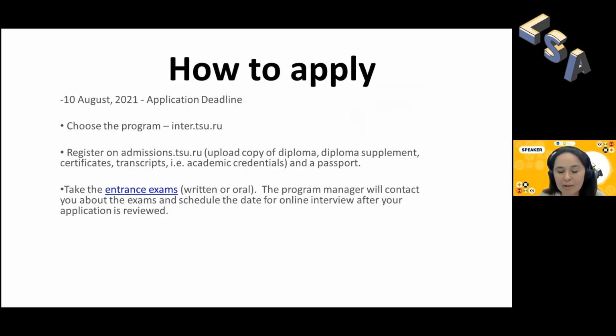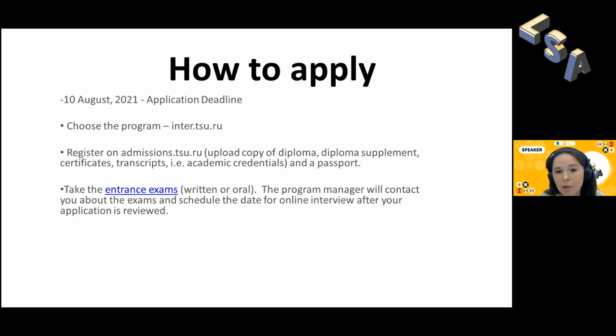Here you can see the information about how you can apply. The application deadline for all the programs, I mean bachelor, master, and PhD programs, is the 10th of August. You can choose the program on our official website, which is mentioned here. Our specialists who help international students will answer all your questions regarding your admissions.